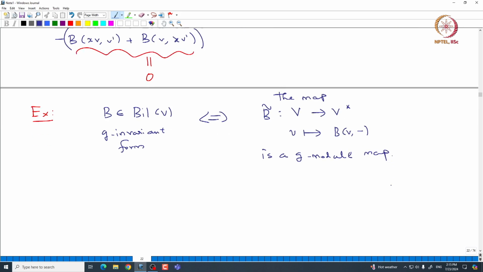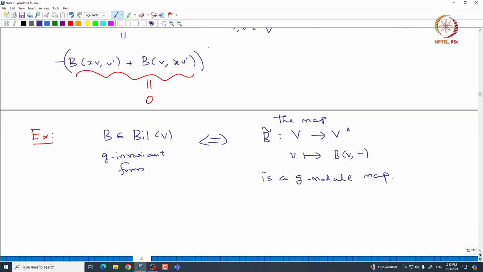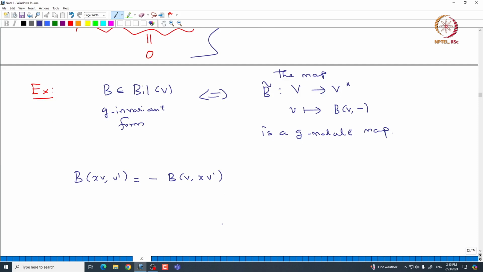Indeed, if you rewrite the condition that we have here, you get exactly this. Let us rewrite and see. B of X V, V dash should be exactly equal to minus B of V, comma X V dash. What is the meaning of B tilde being a G module map?